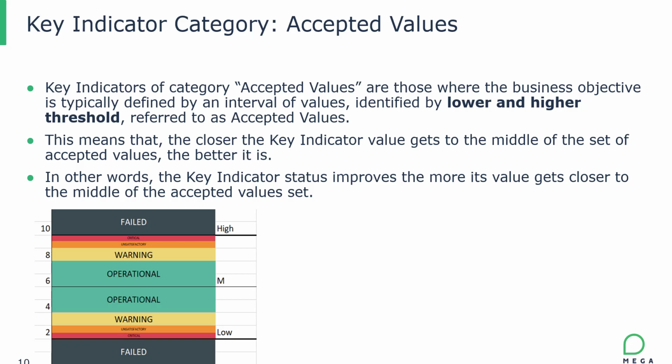So if we consider the higher threshold, we move from failed status to critical, unsatisfactory, warning, and then operational. If we continue decreasing the value of the indicator, it means we are moving away from m, so the status will degrade from operational to warning, unsatisfactory, critical, and then failed.